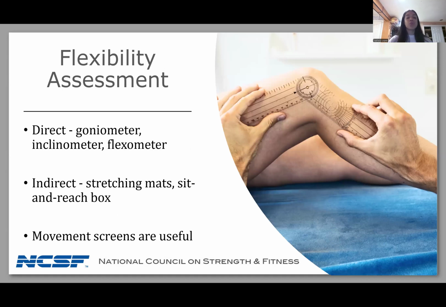So, in order to assess someone's flexibility, you use either a goniometer, inclinometer, or a flexometer. A very common one is the goniometer, which you'll see there in the picture, and there you're just going to assess the angle of that joint. For indirect assessment, you have stretching mats and the sit and reach box.